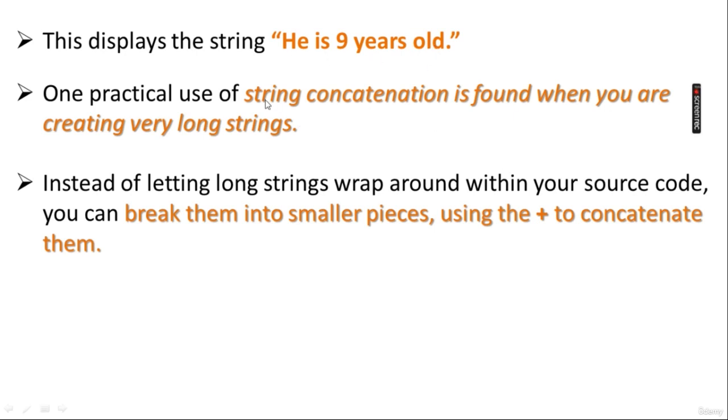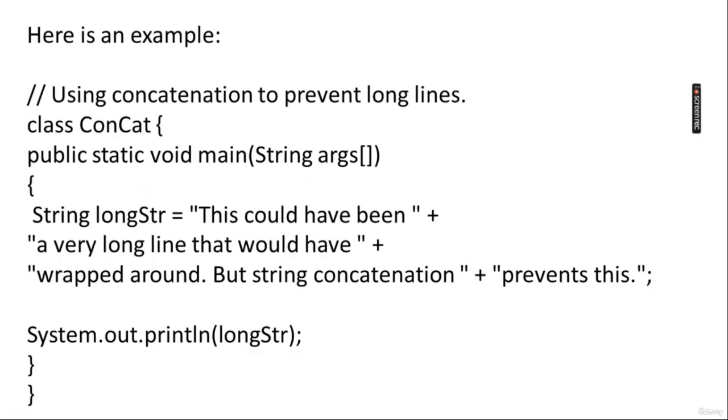One practical use of string concatenation is found when you are creating a very long string. Okay, and it is not possible to display all the string in the editor, or when you write a very long string in one line, you have to scroll to the right in the editor to read all of it. So what option is available? You have to use the concatenation operation. Instead of letting a long string wrap around within your source code, you can break it into smaller pieces and use concatenation to merge them into one single string.